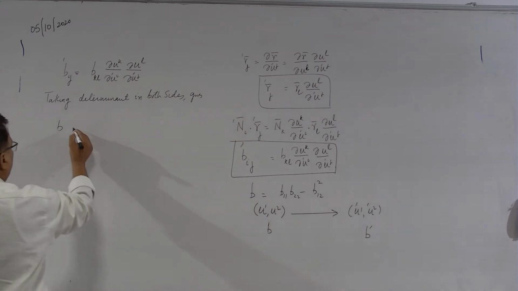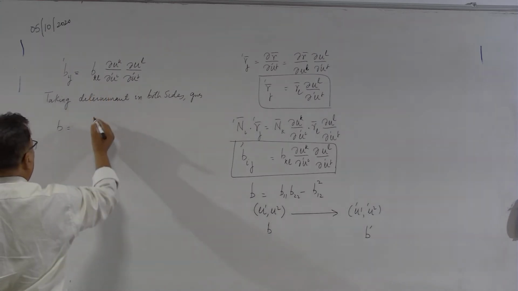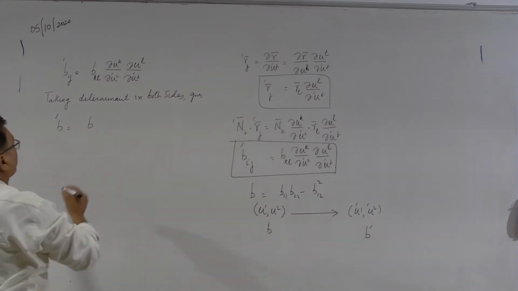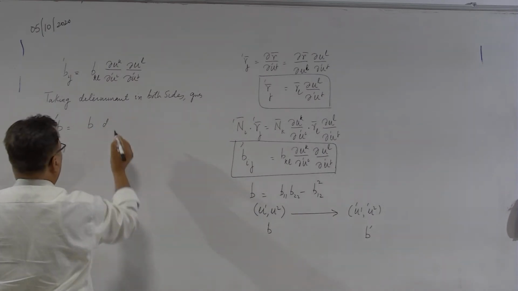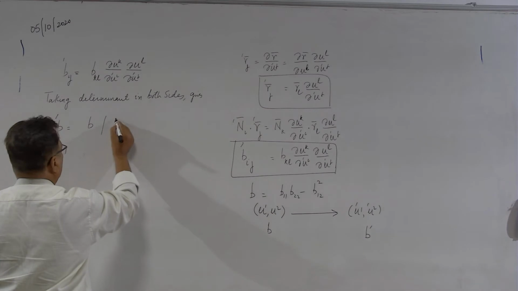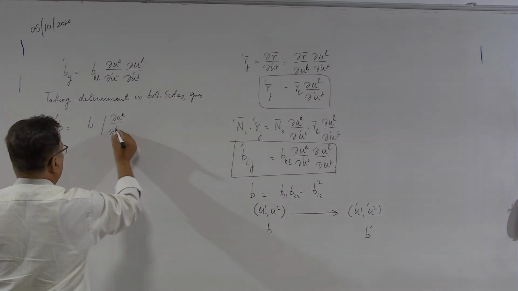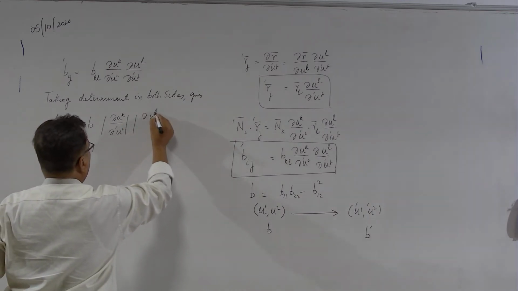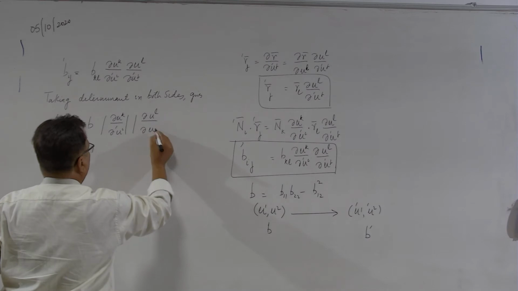That will be equal to the determinant of b_kl, which is simply b, into the determinant of del u_k upon del u_i dash, into once again the determinant of del u_l over del u_j dash.